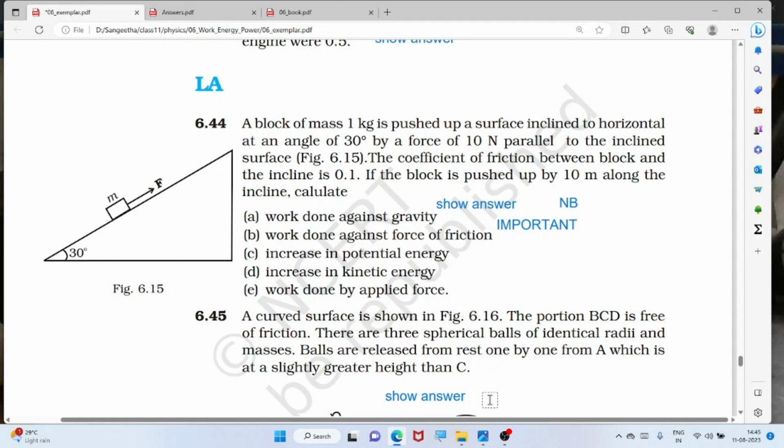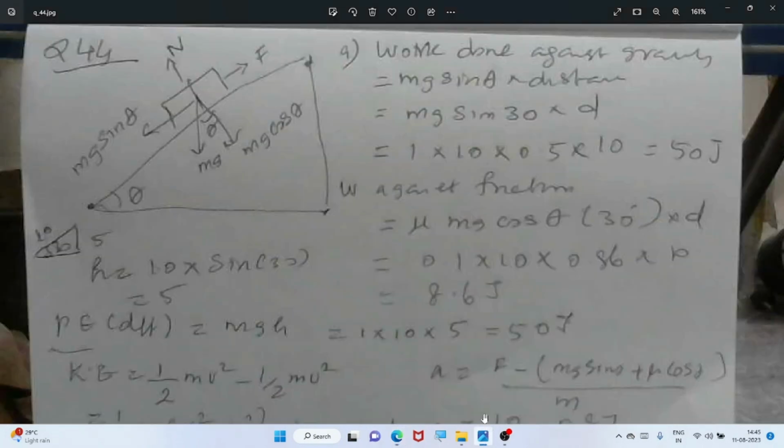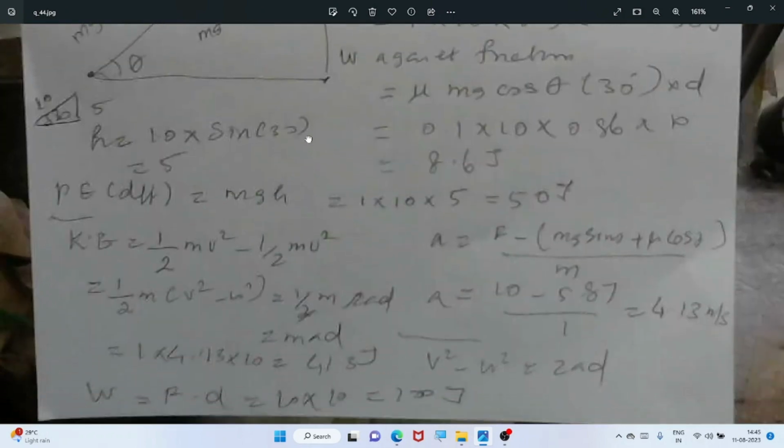Increase in potential energy. Potential energy difference is mgh. Height 5, how did he get? Using this relation, this is 10, this is 30, and using the Pythagoras theorem you will get the height of this as 5.